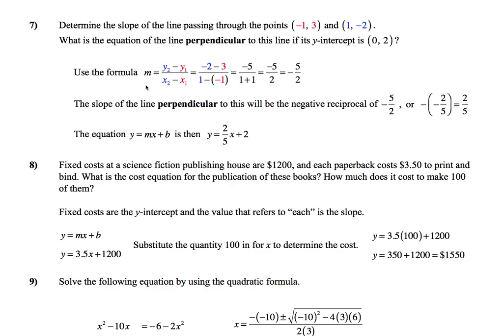So when we put these into our formula for slope, we want to put the y value for one of these points, and I've chosen -2 here, and subtract the y value from the other point, and of course that's going to be 3. And then in the denominator we put the x value that corresponds to the y value directly above it.